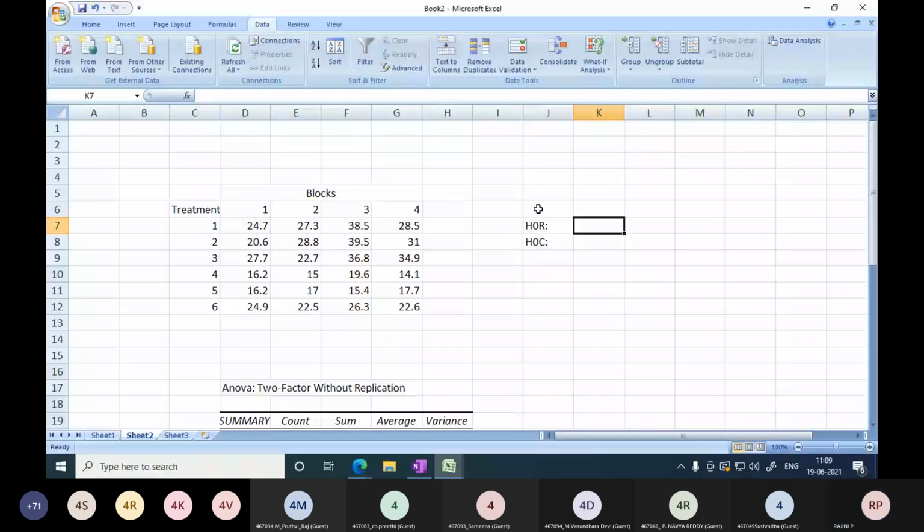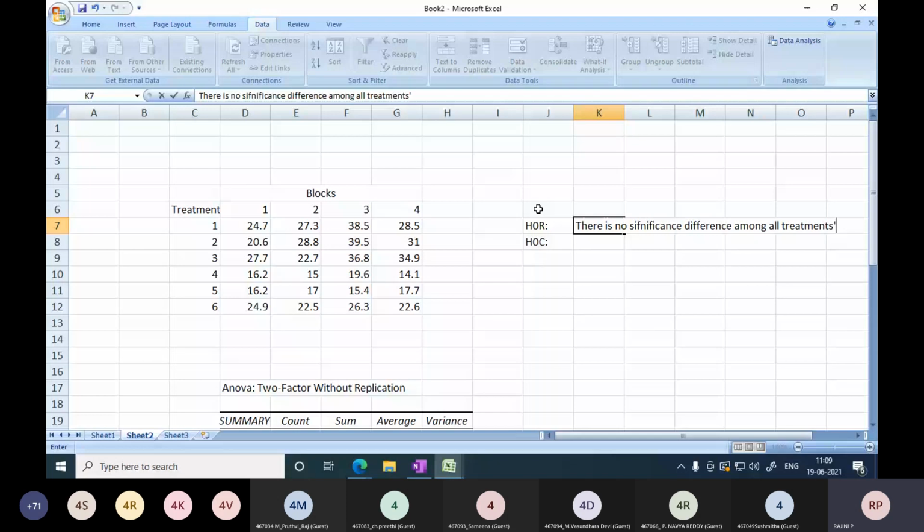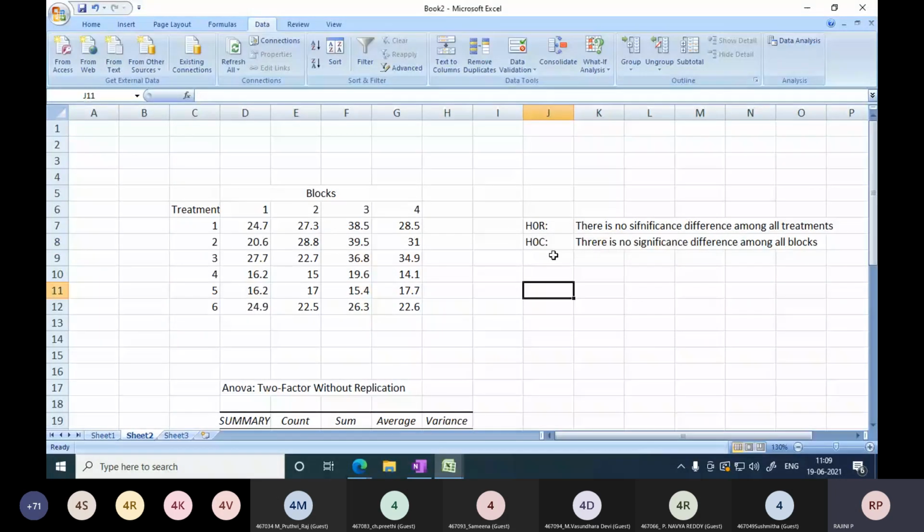There is no significant difference among all treatments. And next, for the columns, what will we write? There is no significant difference among all blocks. Okay, this is the null hypothesis.